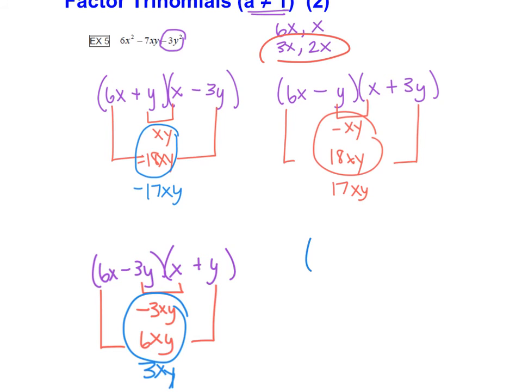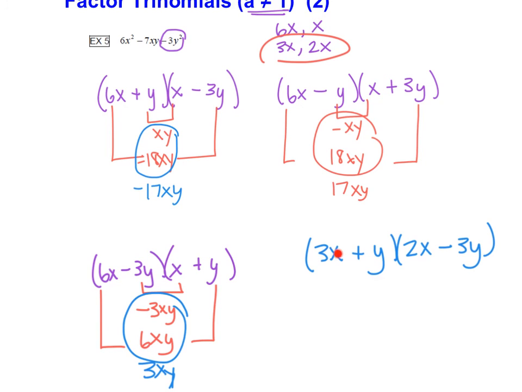All right, so let's say 3x plus y times 2x minus 3y.